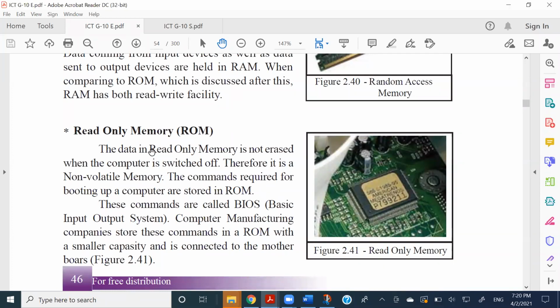Right? So under that, this is going to be your first point, the very first sentence.